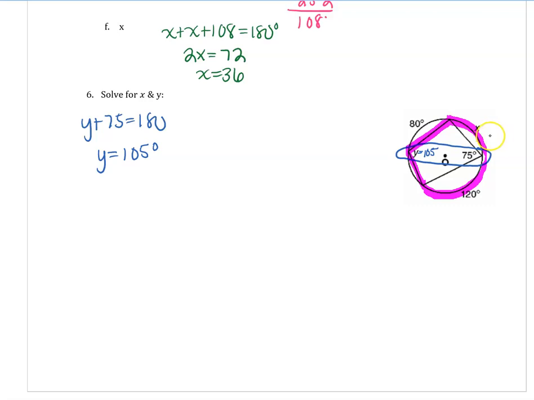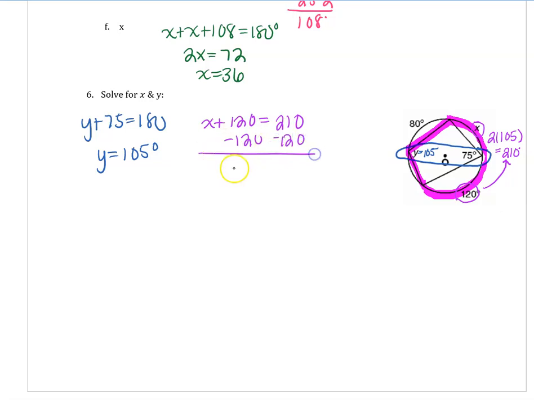Now, as we know, I can double the angle, and that gives me the arc, so 210 degrees. Now, what we know is that x plus 120 must give me 210. So I can do x plus 120 equals 210. Subtract the 120, and x would equal 90 degrees.